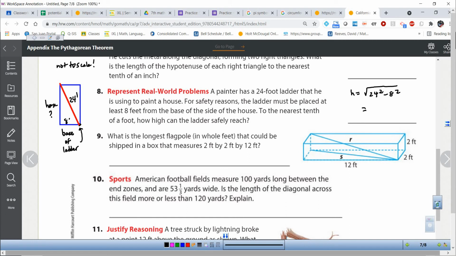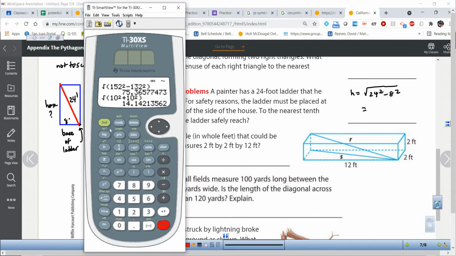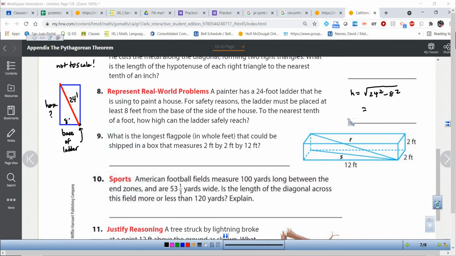Seems like we're doing the same thing over and over again. 24 squared minus 8 squared is going to give me 22.6 when I round to the nearest tenth. 22.6 feet. All right.